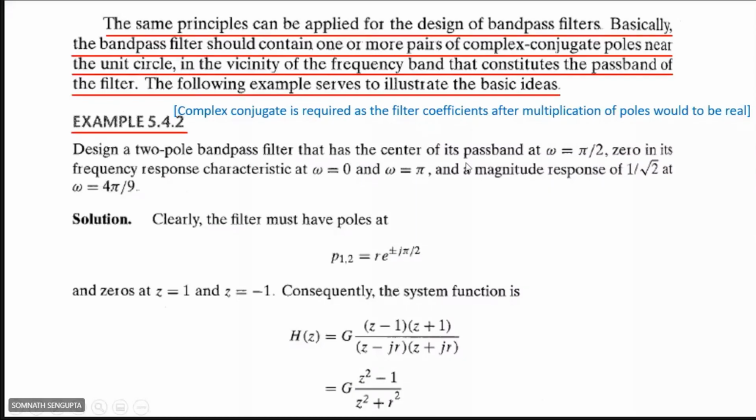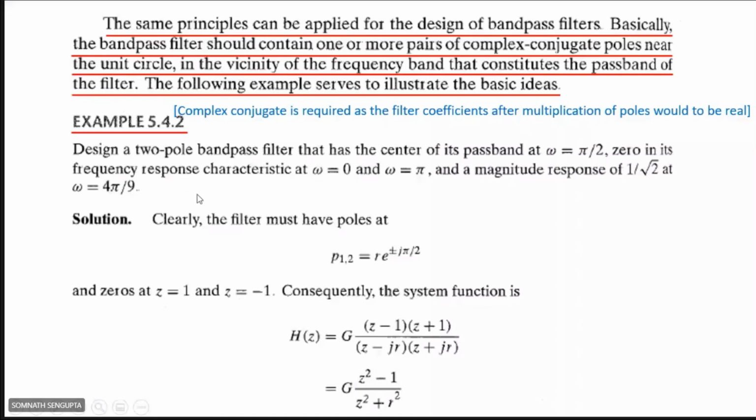एक पास बैंड रहेगा जिसका सेंटर फ्रीक्वेंसी है पाई बाई 2 में, ओके, और 0 रहेगा कॉर्नर में, दोनों लिमिटिंग फ्रीक्वेंसी, मतलब जहां पे गेन 0 हो जा रहा है.